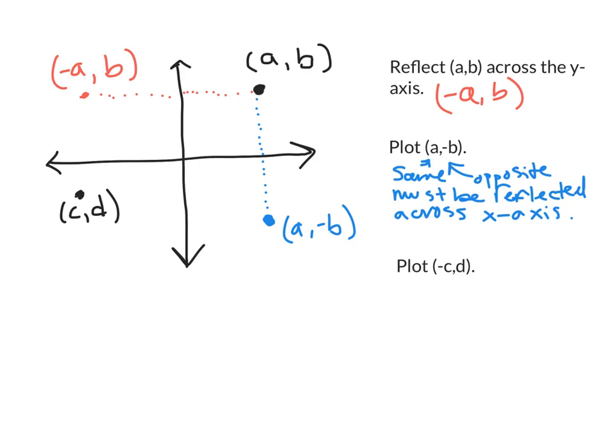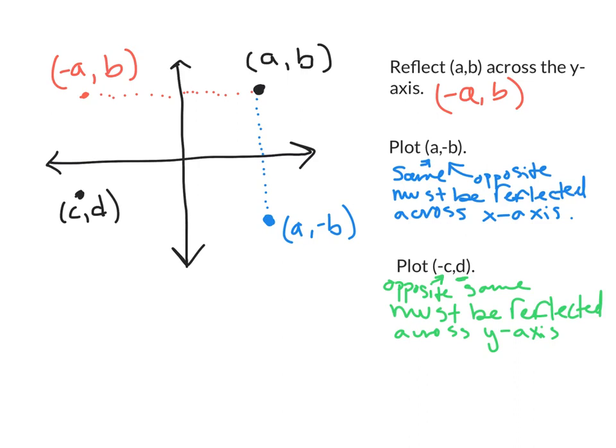See if you can figure out where that should go. Did you notice that the x-coordinate is the opposite and the y-coordinate is the same? That means this point must be reflected across the y-axis. So we should go the same distance across the y-axis to have it land there at negative CD.